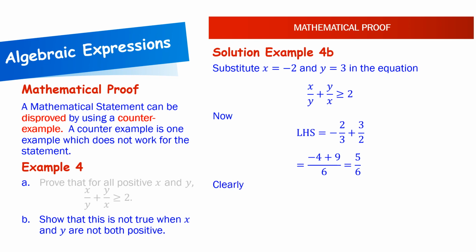But clearly 5 over 6 is not greater than or equal to 2. And therefore the statement is not true that x over y plus y over x is greater than or equal to 2 when x and y are not both positive. As you can see, one example is sufficient to disprove a statement.